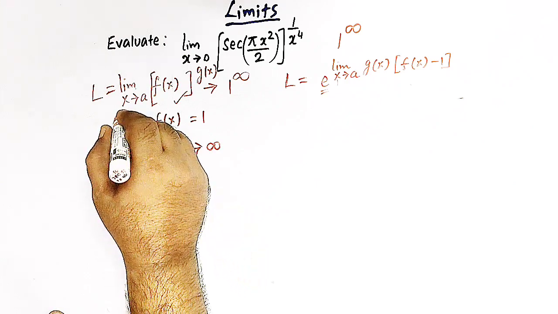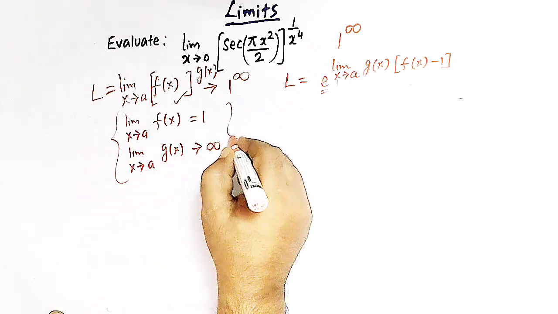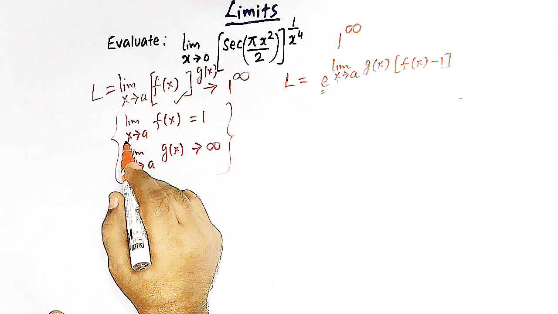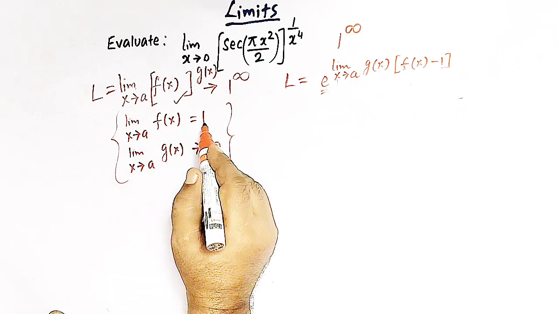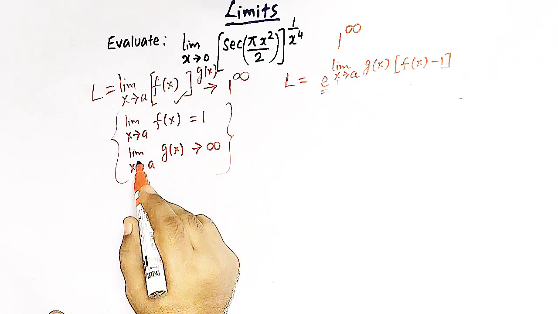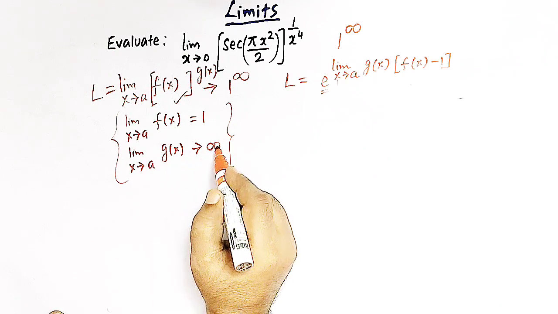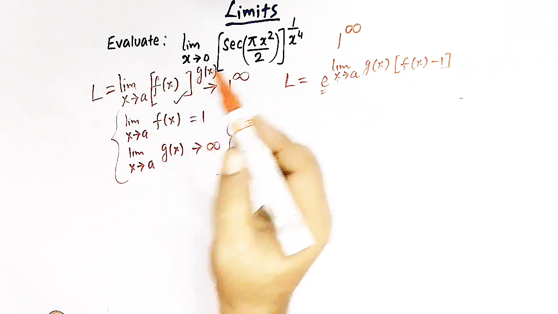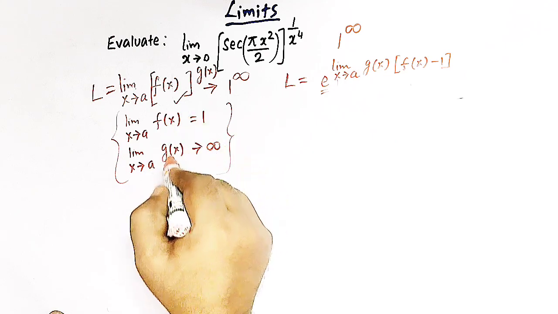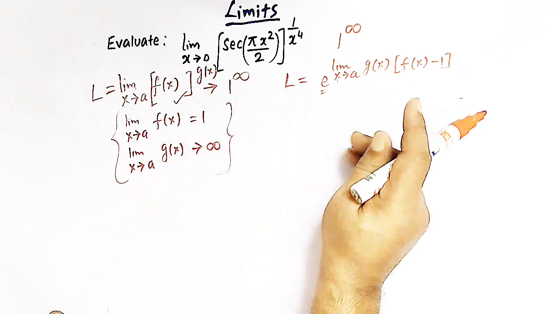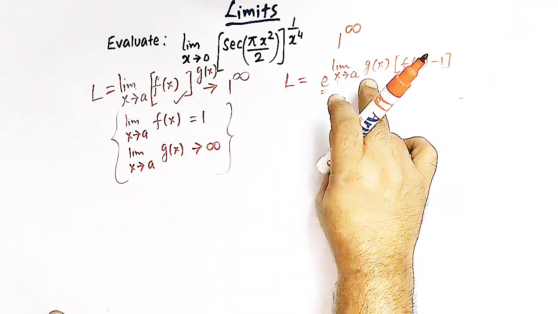Here we have these two conditions, that is the limit x tends to a of f of x is equal to 1, and the limit x tends to a of g of x must tend to infinity. Only if we have these two conditions can we apply this rule.